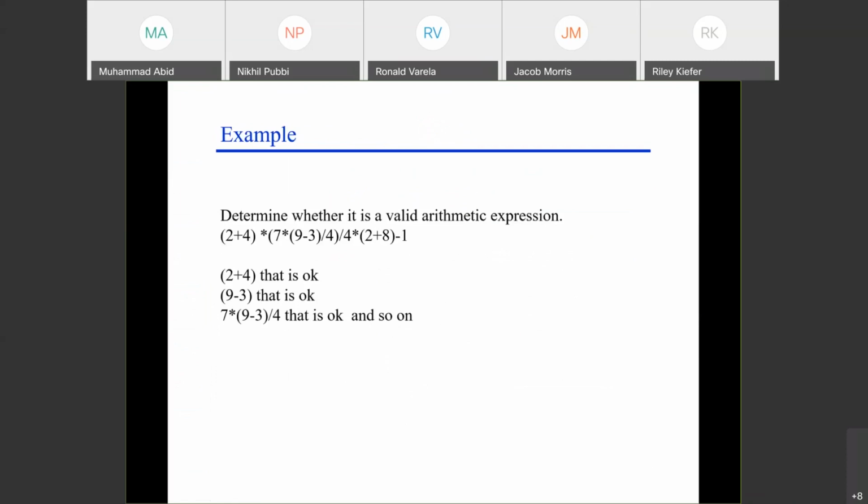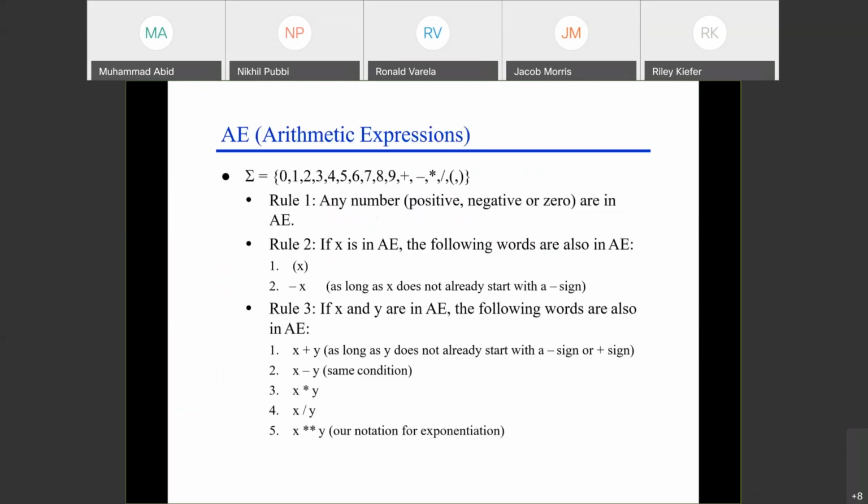Let me solve this for you. First I said, okay, 2, and this is from rule 1. Rule 1 says any number, positive or negative, is in arithmetic expression. It's good, yes? Okay.